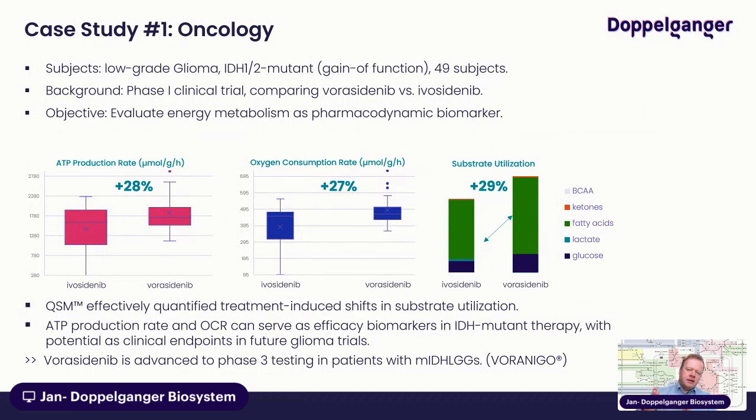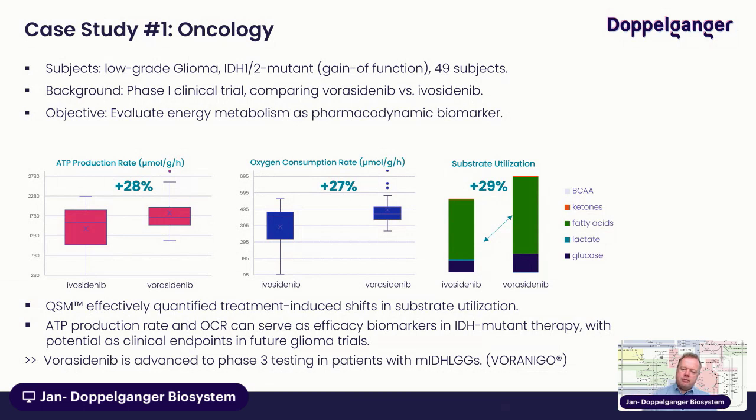So basically, this bypass is blocked, and through this, the citrate cycle works as expected again. And the purpose of the study was really to evaluate whether the energy metabolism in brain tissue samples can be used as a pharmacodynamic marker. And the purpose for the sponsor was really to get an idea about the efficacy of the drug and ultimately to take a decision which compound to move into phase 3.